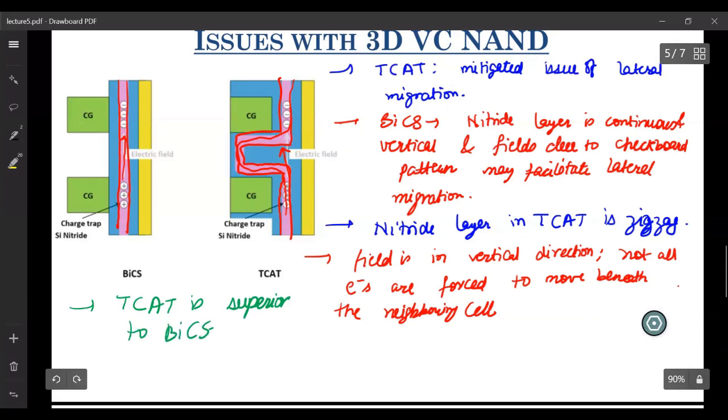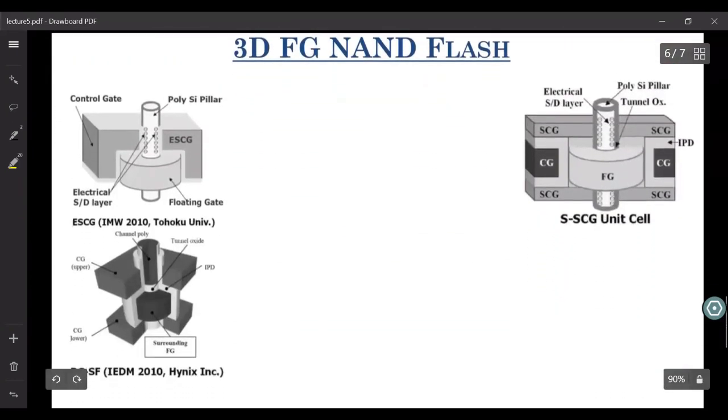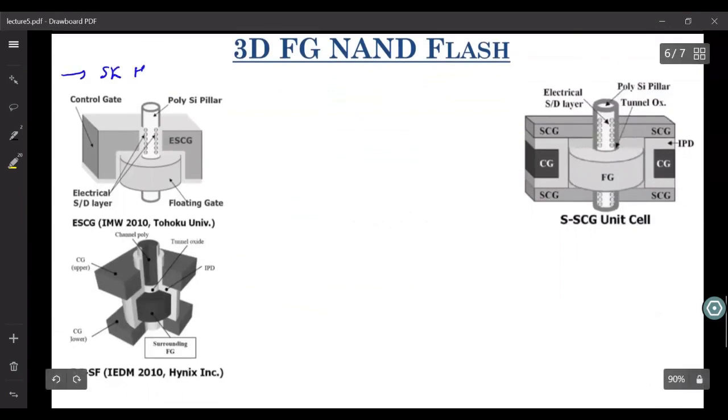So you see, Samsung took 2 years, but it came up with something which is really great. To mitigate this retention and reliability issue of 3D vertical channel NAND flash, SK Hynix in 2010 came up with this idea of 3D floating gate NAND flash. So let me write it somewhere. SK Hynix, which is another leader in memory, came up with this 3D floating gate NAND flash in 2010.